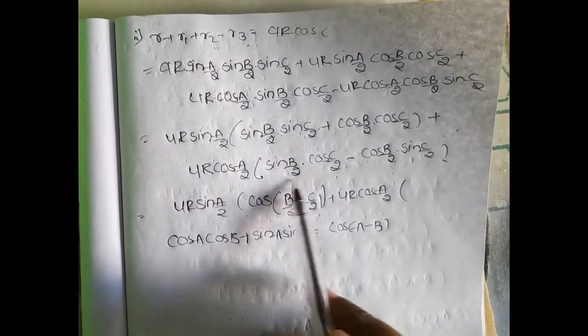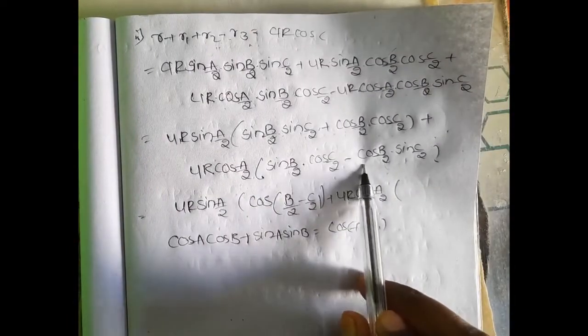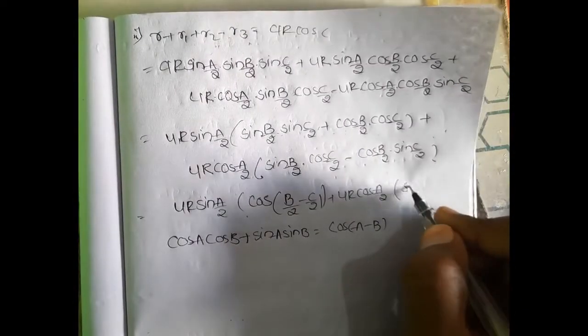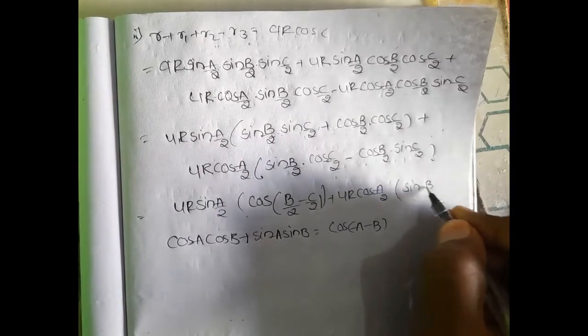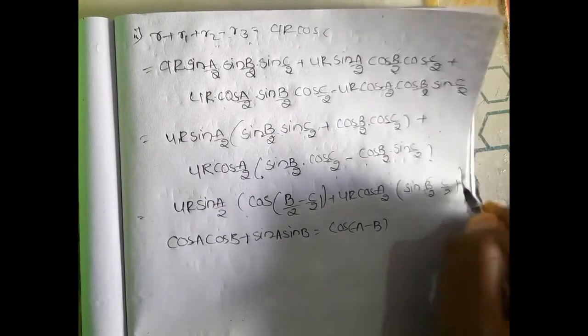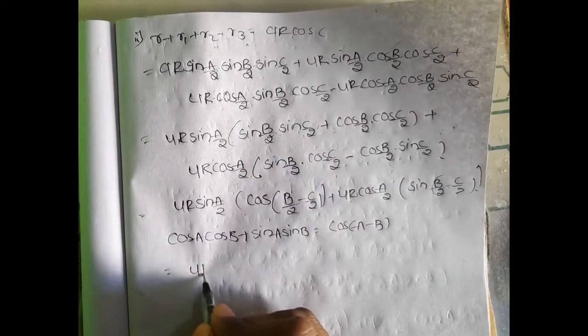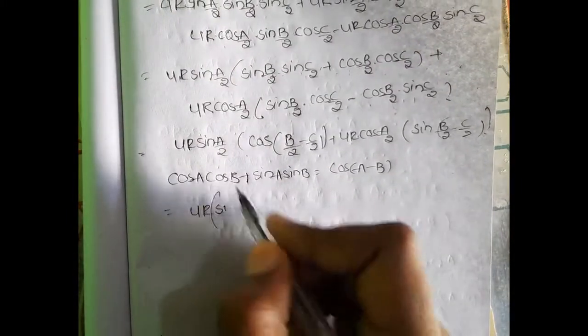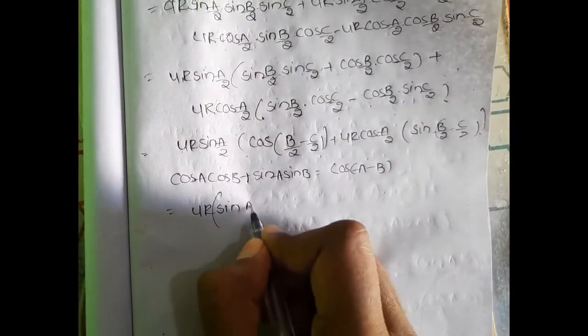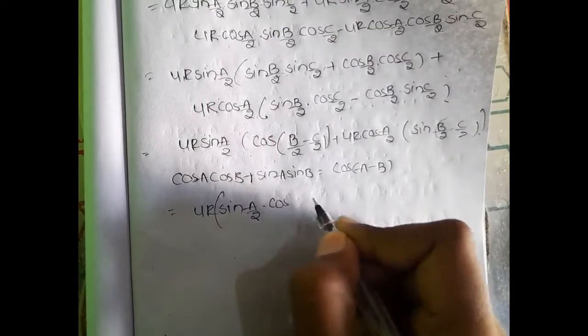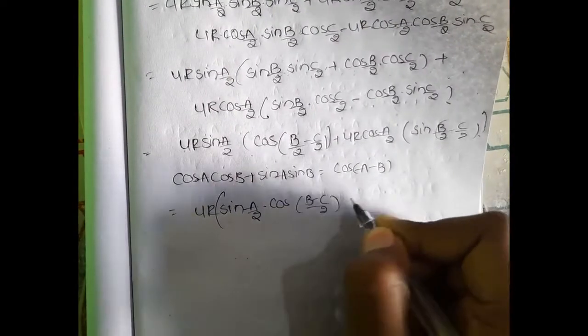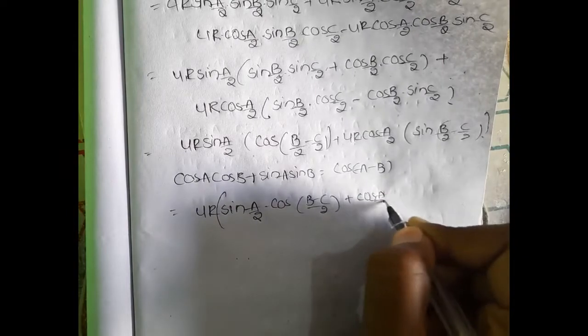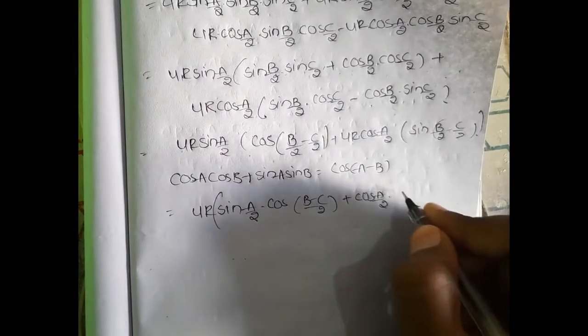Here sin a cos b minus cos a sin b is sin of a minus b, meaning sin (B by 2 minus C by 2). Okay. Now taking 4R as common: sin A by 2 cos (B minus C) by 2 plus cos A by 2 sin (B minus C) by 2.